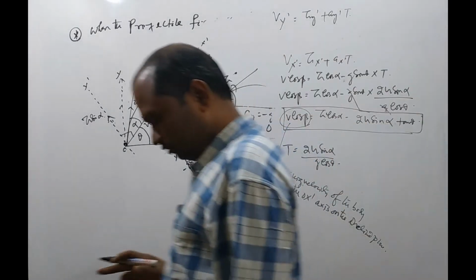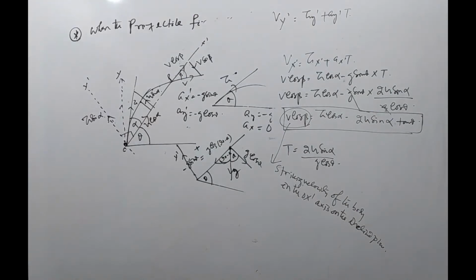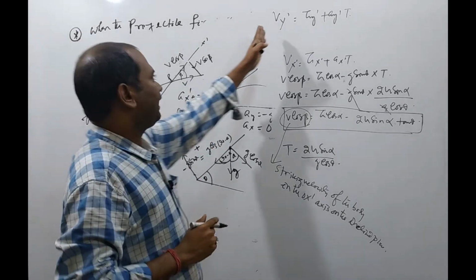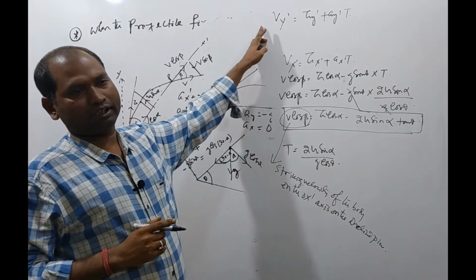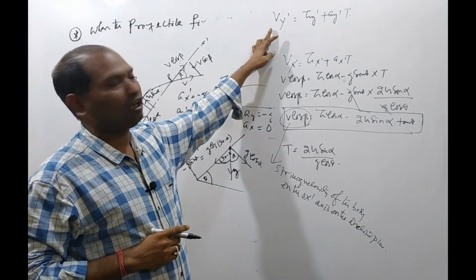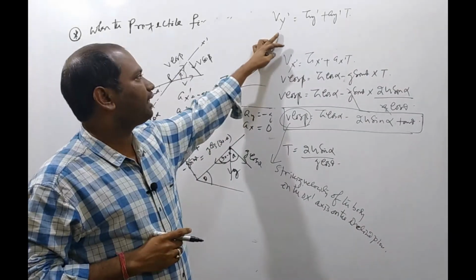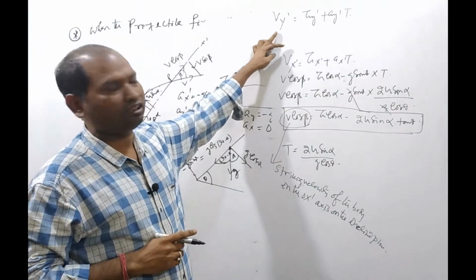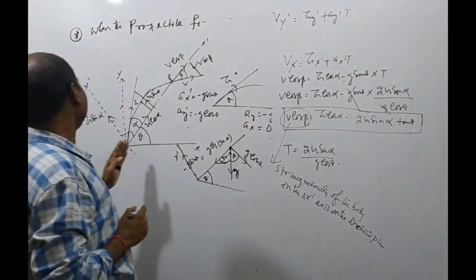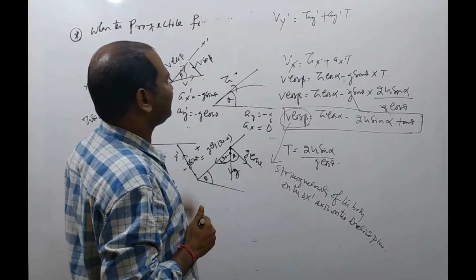This expression vy dash is the striking velocity in y axis or final velocity in y axis, in oy dash direction, sorry, in oy dash axis.